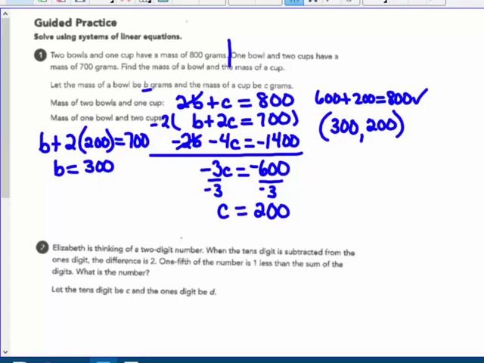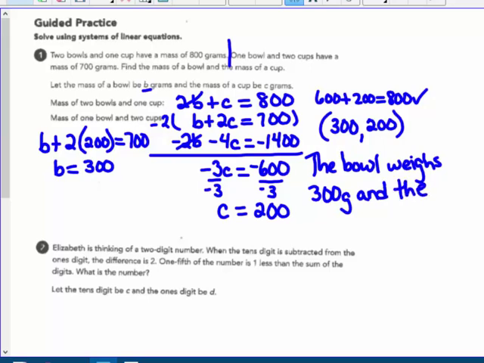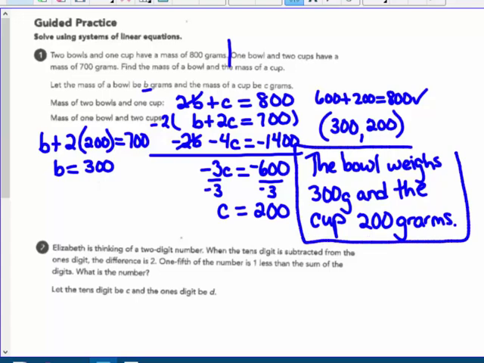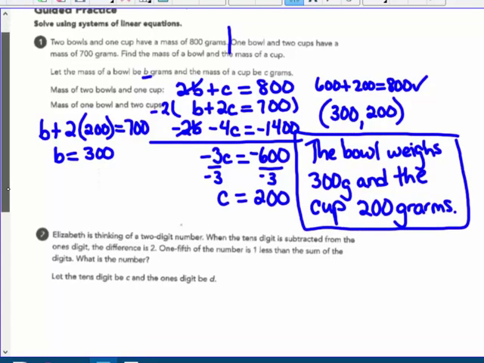I'm going to answer it in a sentence. The bowl weighs 300 grams and the cup 200 grams, because I want to put the grams on that. G stands for grams. Okay, let's go to the next one.